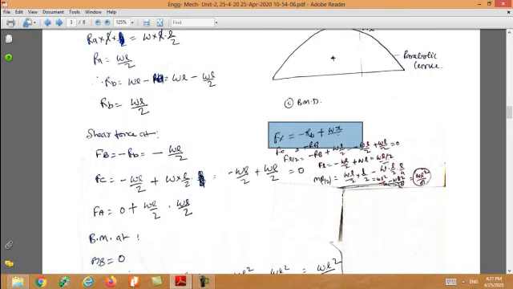So Fx is equal to minus Rb plus Wx, and shear force is 0 at this Wx. So you can obtain the value of x.